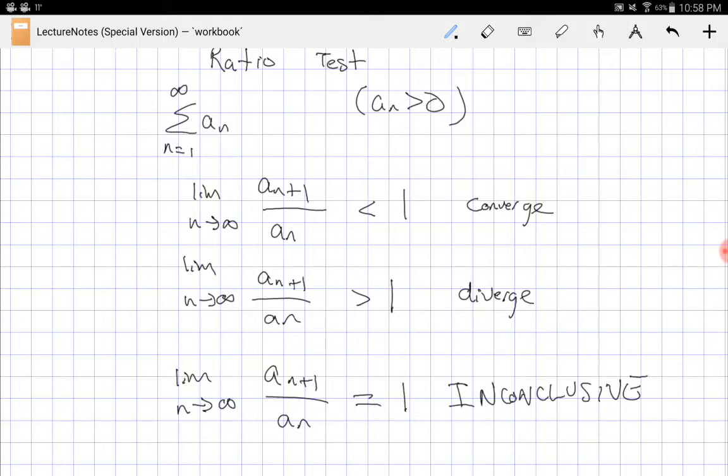If it weren't for this, if these limits were always less than 1 or greater than 1, then we wouldn't even need any of the other tests. We would just plug every single series into our ratio test, and we would always be able to tell if it converged or diverged. So the only reason the ratio test is not our all-encompassing test is because it is inconclusive when the limit of a_(n+1) over a_n is equal to exactly 1.